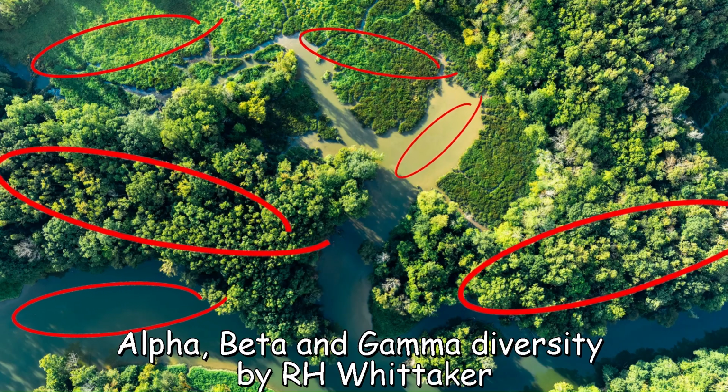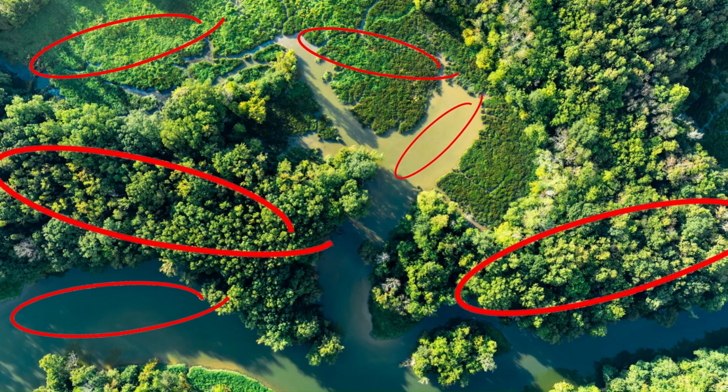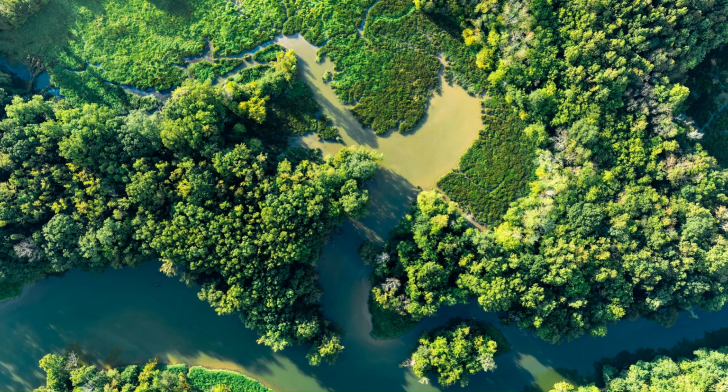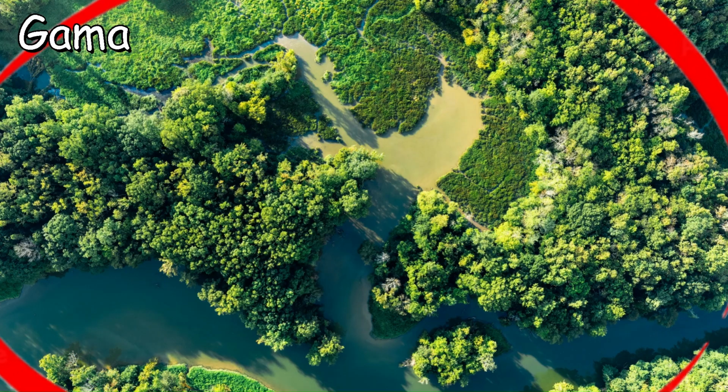So alpha, beta, and gamma diversity were introduced by R.H. Whitaker to measure biodiversity in a given area, where the whole area is divided into some localities or sites or ecosystems. The total species diversity in a given area is called the gamma diversity.